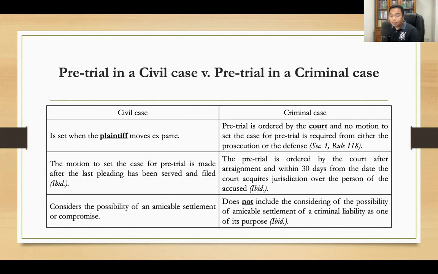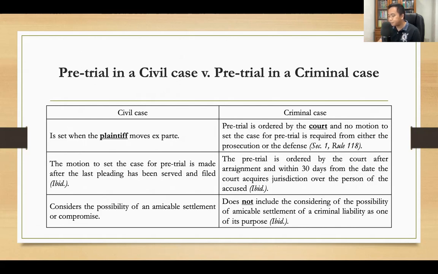Because in a criminal case, theoretically speaking, you cannot go on record as amicably settling the criminal aspect of the case. A private individual or a private person may not settle a criminal case because under our laws, a criminal offense is a violation against the state, and therefore it is only the state which can amicably settle the offense, not the private offended party.